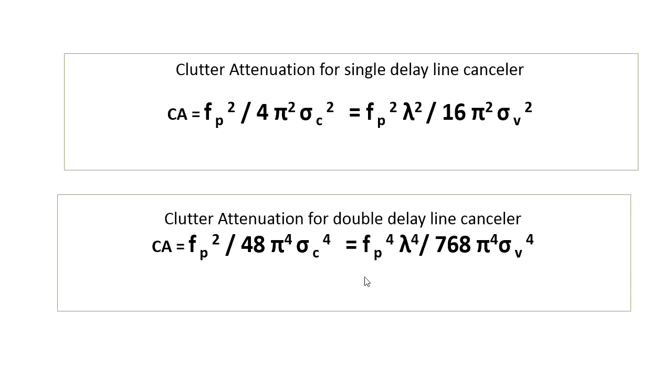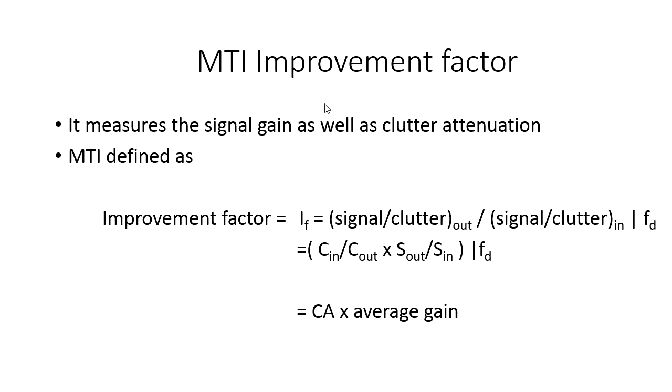And next we will discuss the MTI improvement factor. This is also a parameter that measures the performance of the MTI radar. The MTI improvement factor is given as the ratio of signal to clutter at the output of the delay line canceller to the ratio of signal to clutter at the input of the delay line canceller, averaged over Doppler frequency.